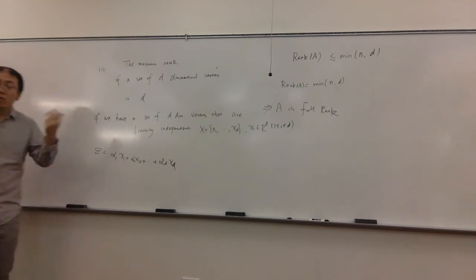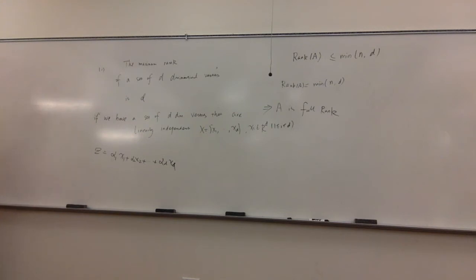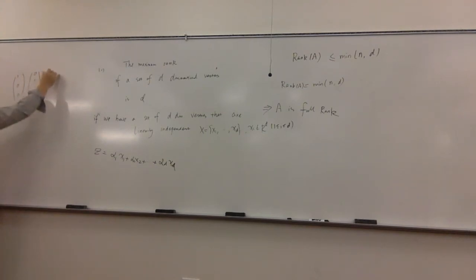I'll give you an example. For example, in a 3-dimensional space, I can find 3 linearly independent vectors. What are they? The axes, right? The x-axis, y-axis, and z-axis. By only using these 3 linearly independent vectors, we can recover any 3-dimensional vector.